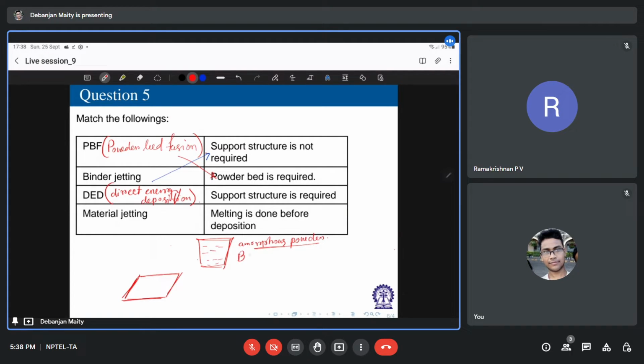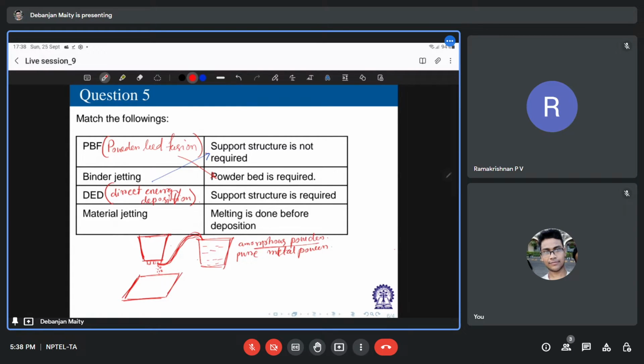So you can have amorphous powder, you can have pure metal powder, and there you have some kind of laser head where you have some slots, and one slot will be connected with this hopper system, through which the powders can come out.